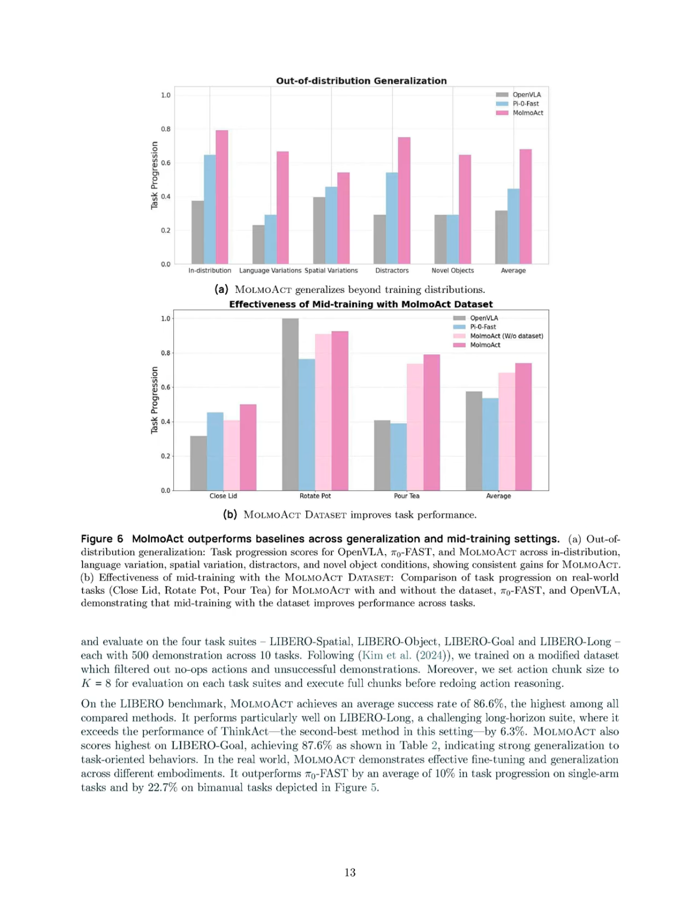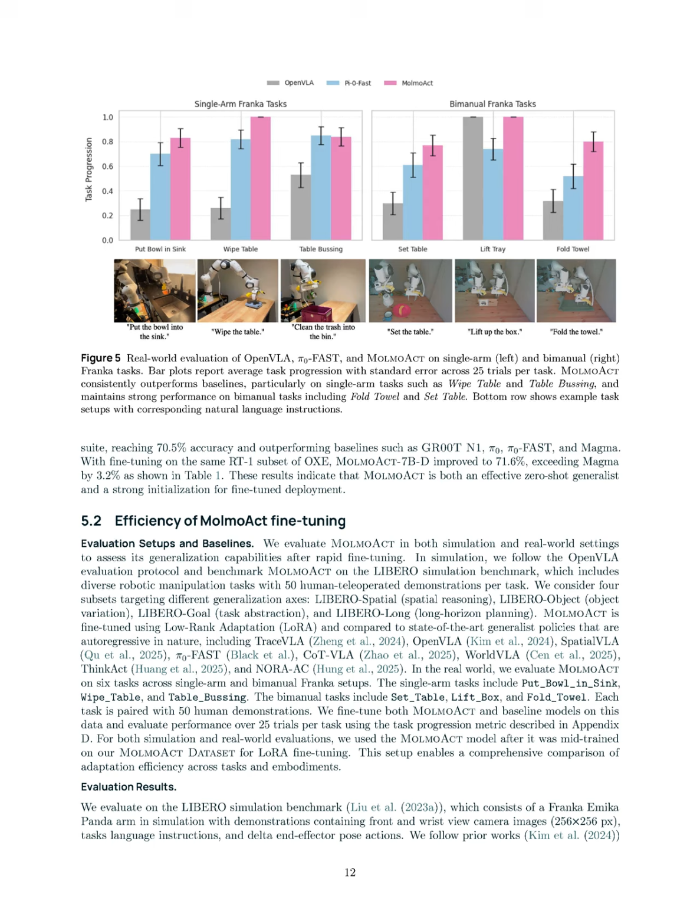Performance metrics included accuracy rates on visual matching tasks, task progression metrics in real-world scenarios, and Elo ratings from human evaluations for instruction-following tasks. The results demonstrated that MolmoAct achieved strong zero-shot performance, effective adaptability through fine-tuning, and superior generalization capabilities, outperforming its competitors across multiple evaluation axes.